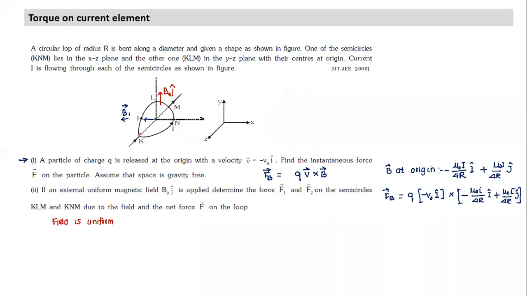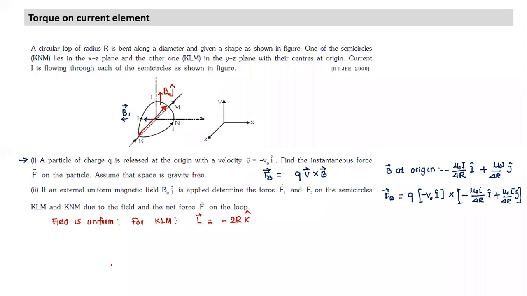It's simple. If I have to write the L vector for KLM, the L vector will be from K to M. What direction is that? That is minus k cap. Length is 2R and direction is minus k cap.